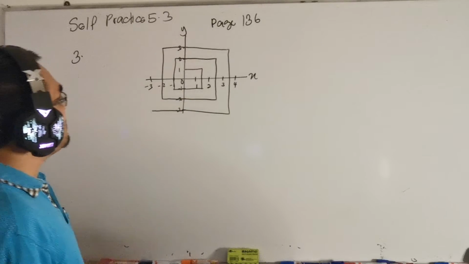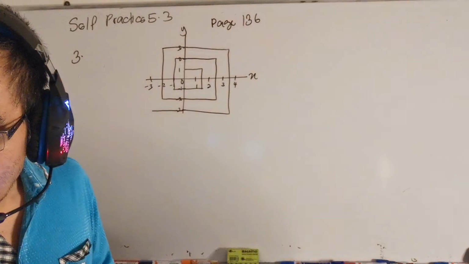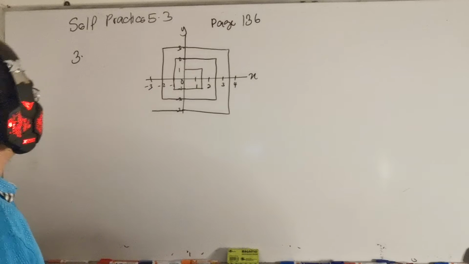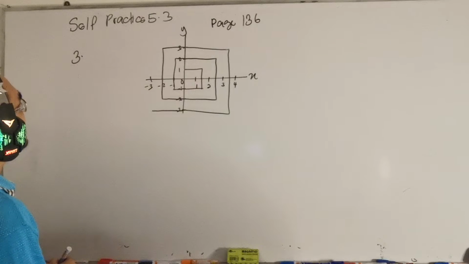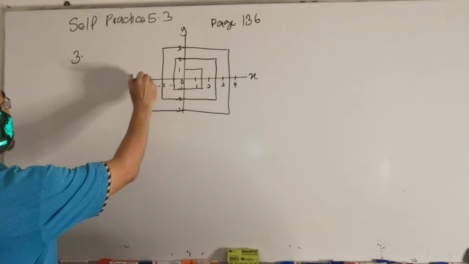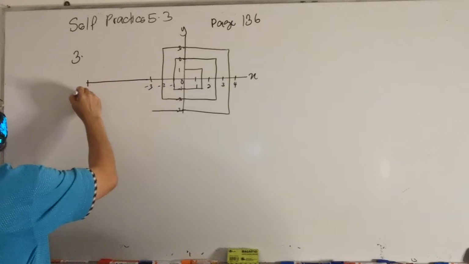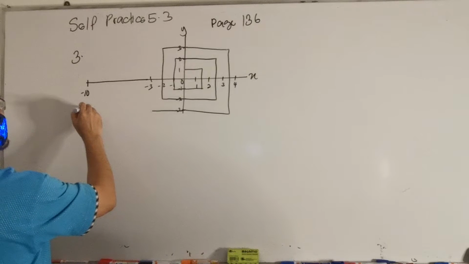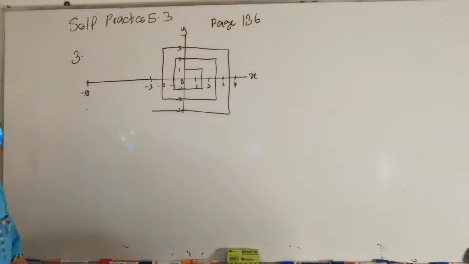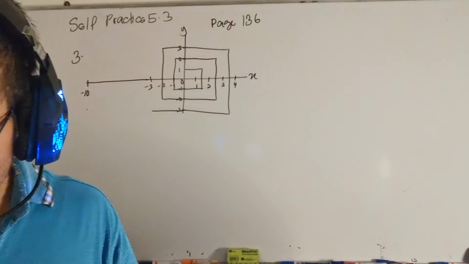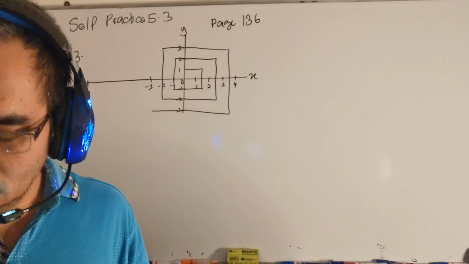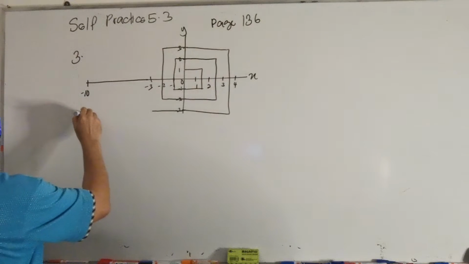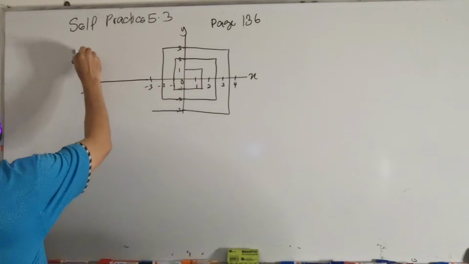So they want you to calculate the length of the overall pattern where it stops at x equals -10. For example, we have -10 there and it stopped there. The last line is parallel to the y-axis and passes through x equals -10, so it should be like this.